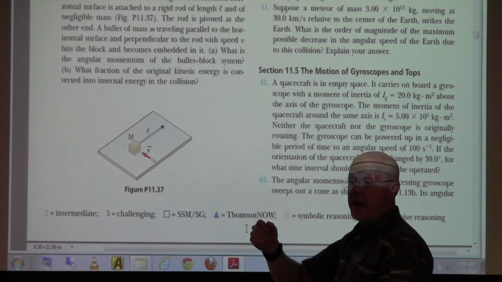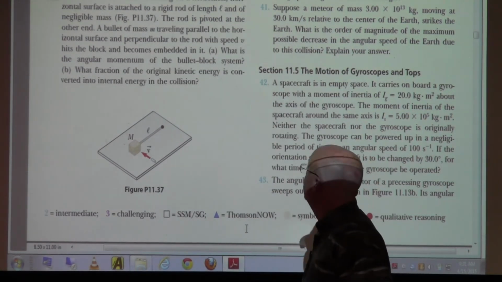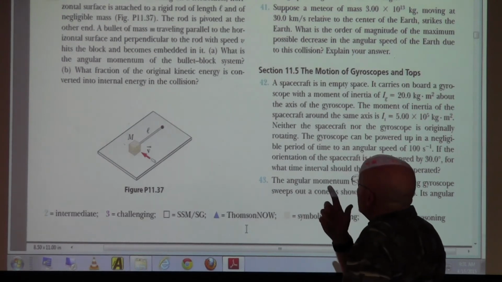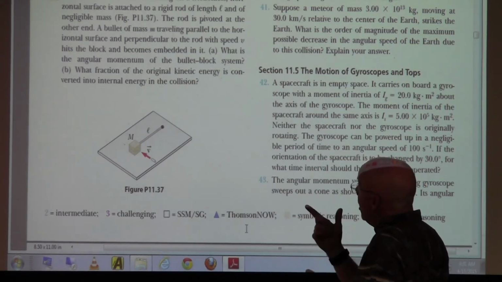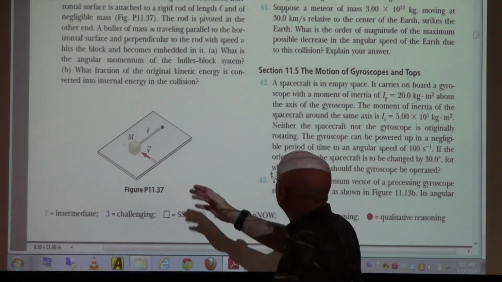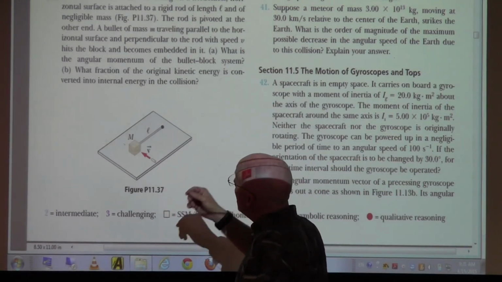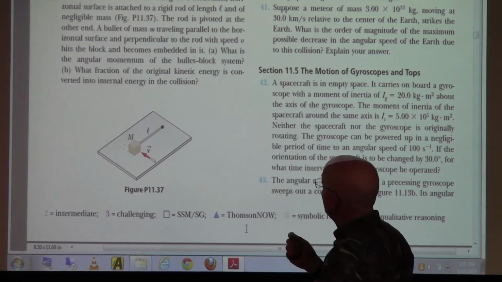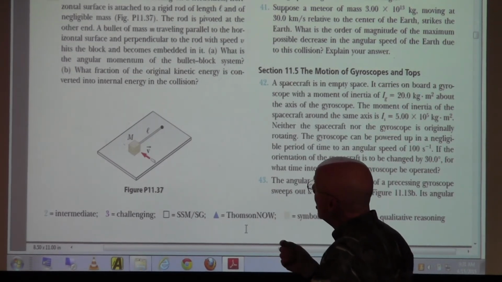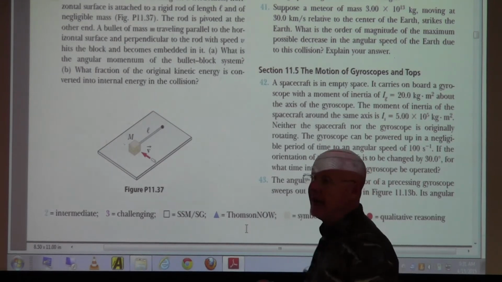Okay, so we don't have to worry about the mass of the rod. That'll change in the next problem. We'll build up, make them a little harder. It says the rod is pivoted at the other end. Now a bullet of mass little m is traveling parallel to the horizontal surface and perpendicular to the rod with a speed v when it hits the block and becomes embedded in it.